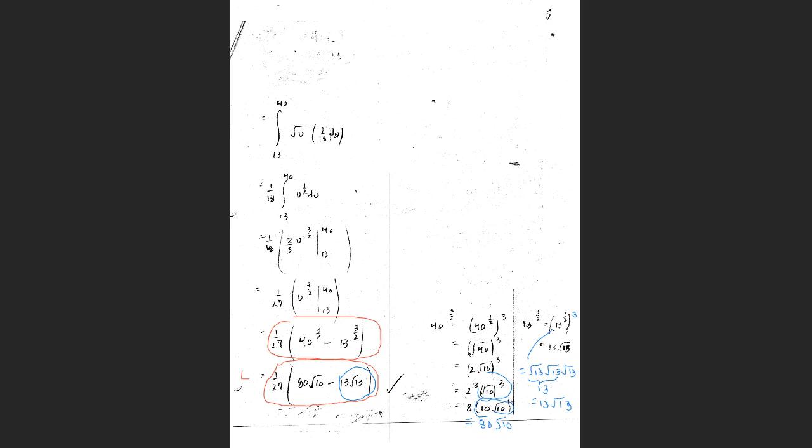If you get the decimal on this, this value here is about 7.6337.